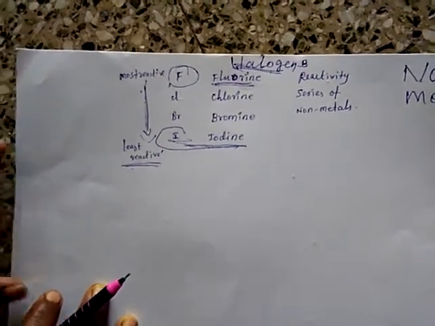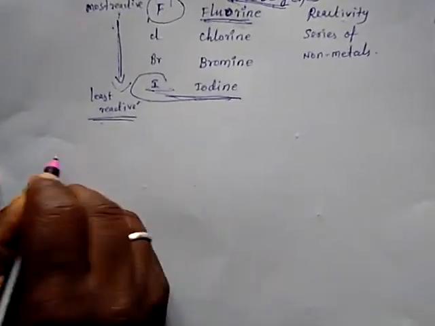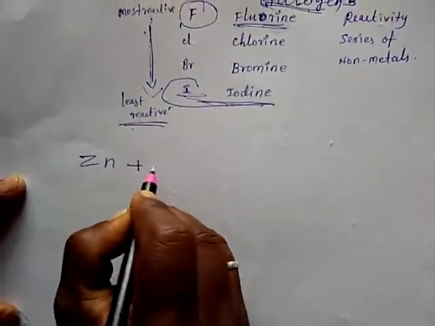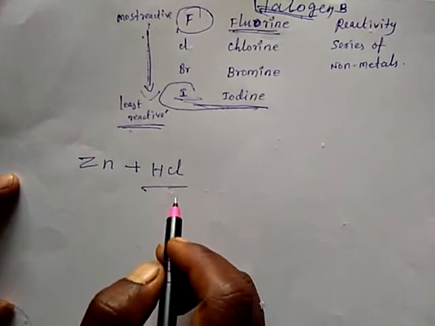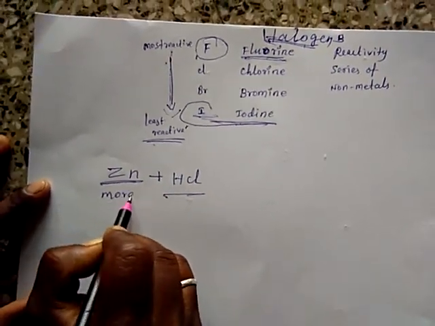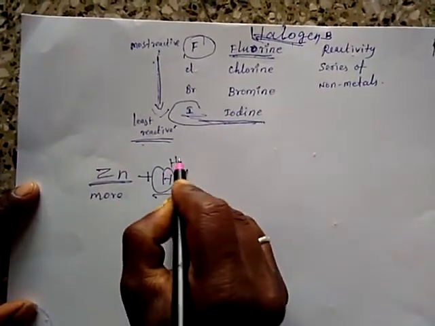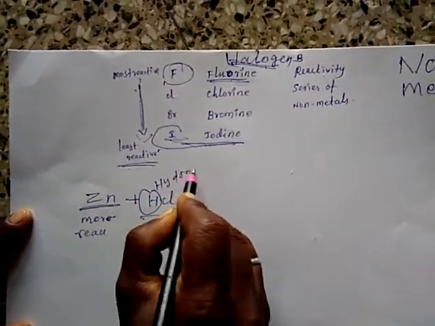Now let's look at some examples of displacement reactions. We have here zinc plus hydrochloric acid. Now zinc is more reactive than hydrogen.